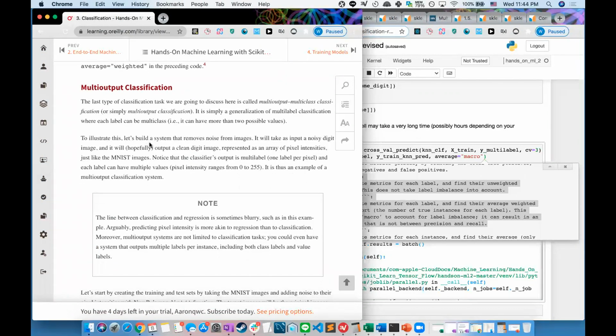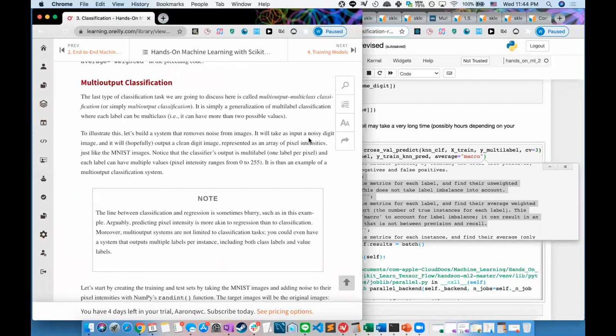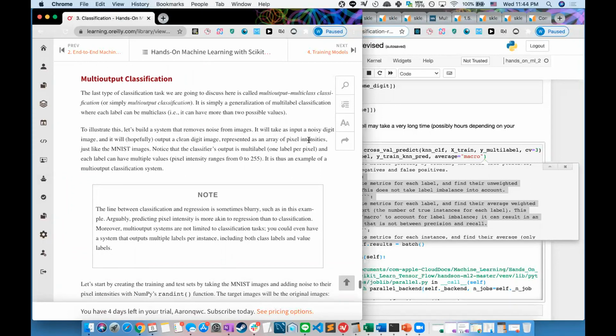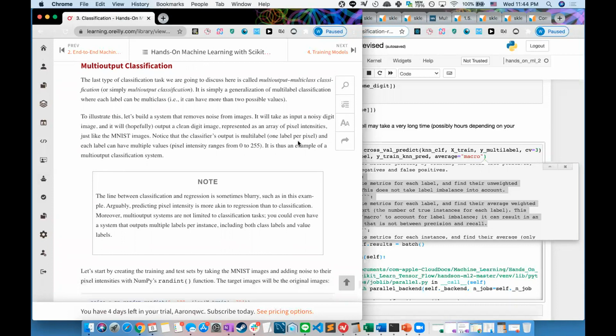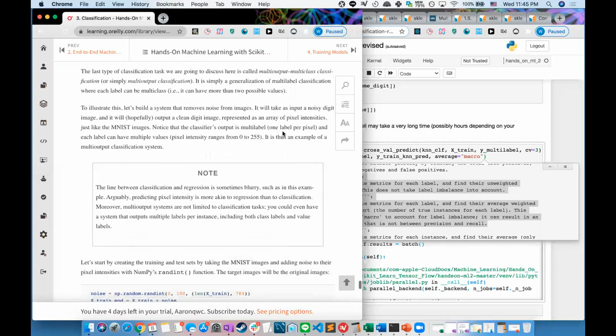To illustrate this, let's build a system that removes noise from images. It will take as input a noisy digit image, and it will output a clean digit image, represented as an array of pixel intensities, just like the MNIST images. Notice that the classifier's output is multi-label, one label per pixel. So we're talking about not just one label per image, but one label per pixel.